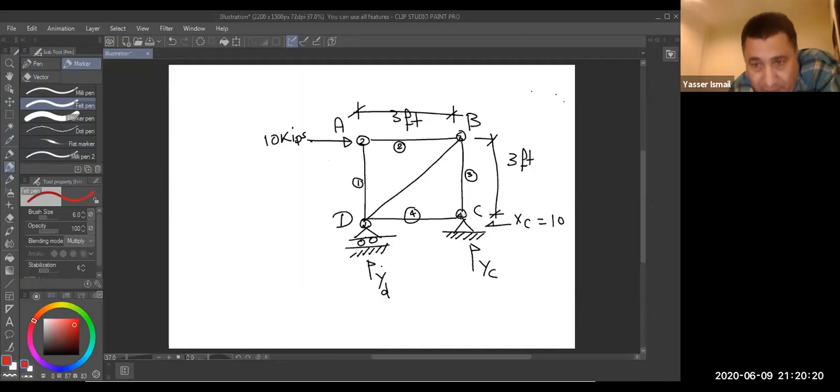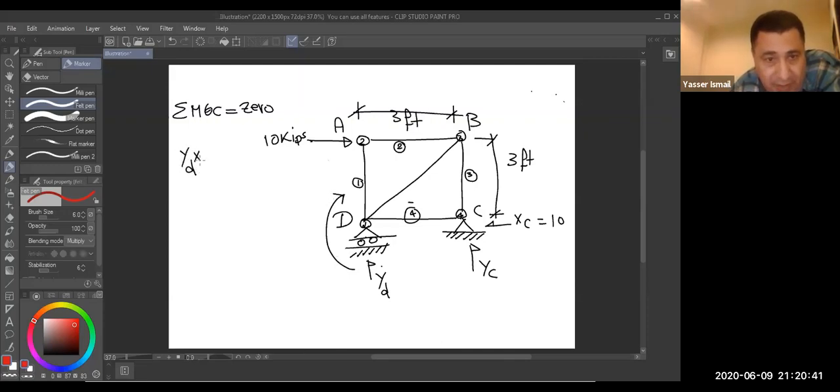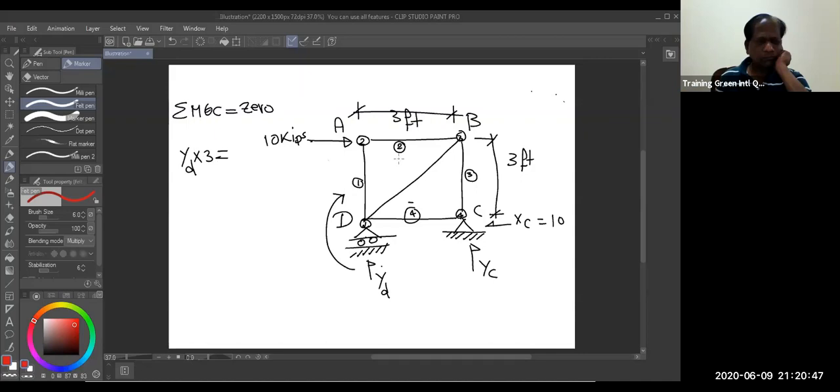For Y D, I will take the moment at C, which should be 0. So sigma moment at C equals 0. Y D multiplied by 3 should equal the 10 force, opposite to it.